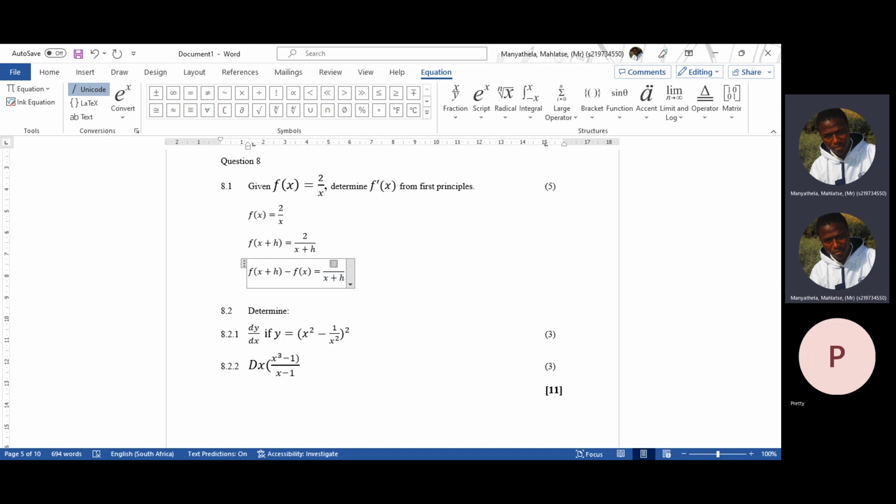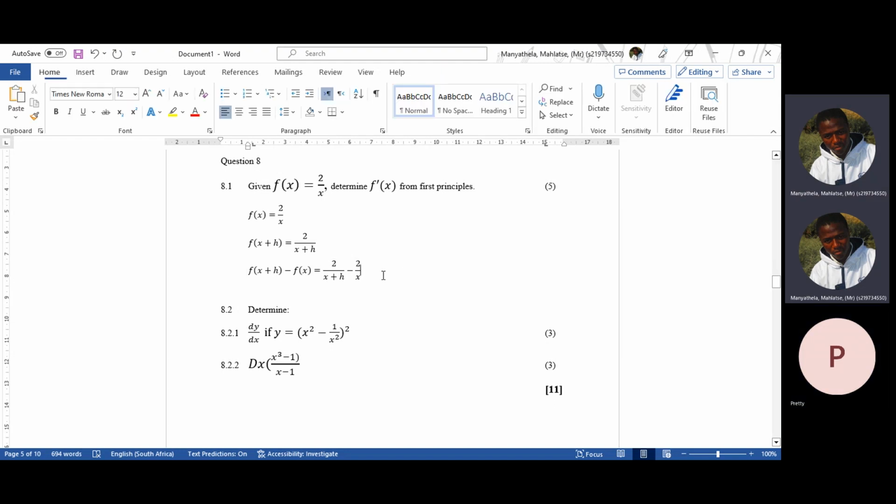So f of x plus h subtract f of x is 2 over x plus h subtract 2 over x. Let's simplify it. It's cross multiplication, 2 times x and then x plus h times negative 2, and then we multiply the denominators, x plus h will multiply x.